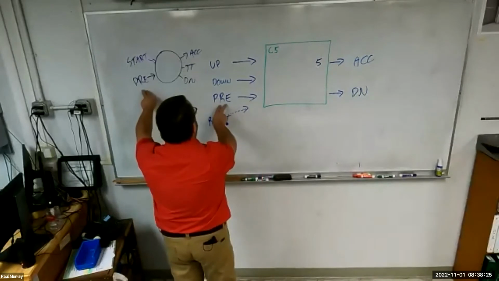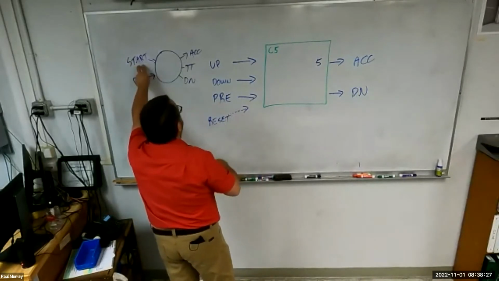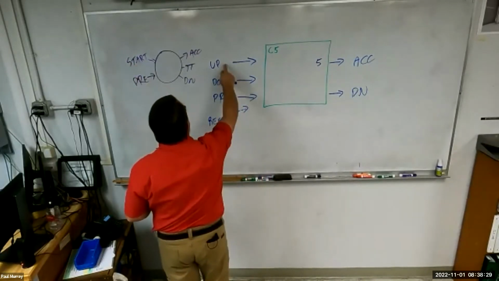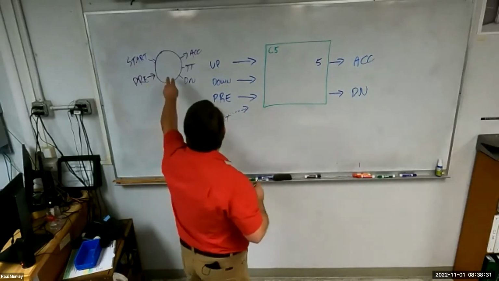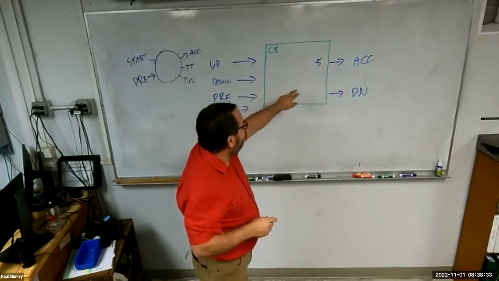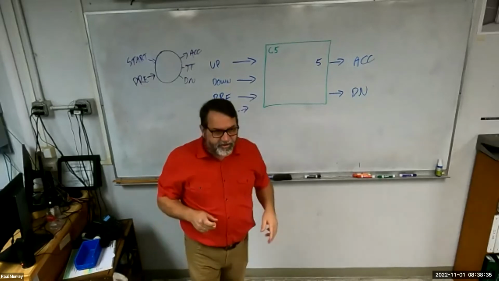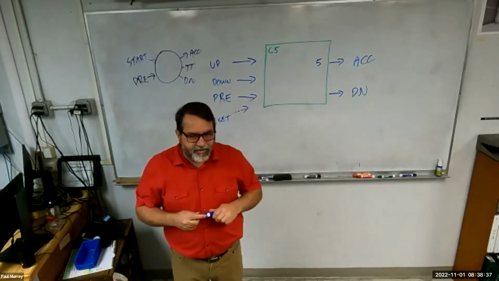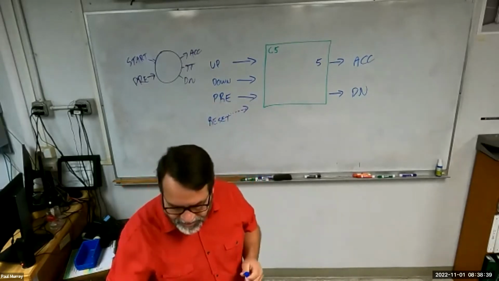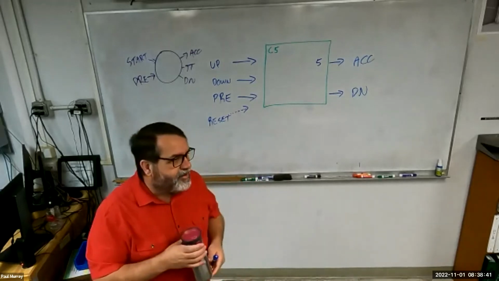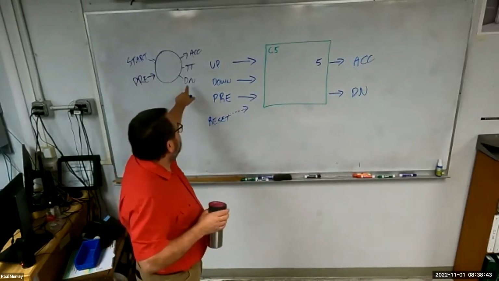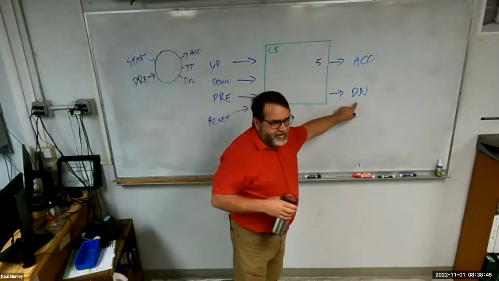They both have a preset. Timer has a start, counter has an up and down. Timers reset all by themselves. Counters don't. Counters, you have to actually tell it to reset or it won't reset. The timer's done bit doesn't stay hot, the counter's done bit stays hot.